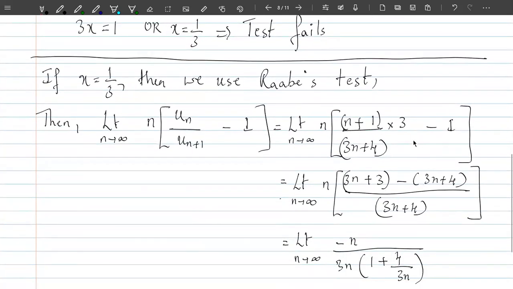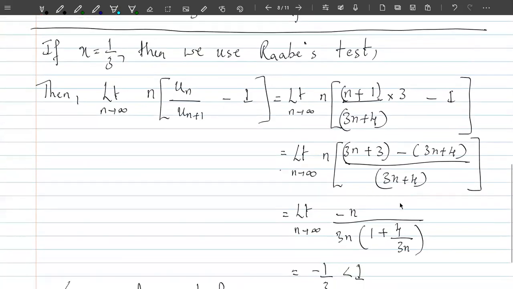Now simplify this. So I get 3n plus 4 as the common denominator. 3n plus 3 minus of 3n plus 4. Cancel this 3n and this 3n. 3 minus 4, that's minus 1. And here I can take 3n out.